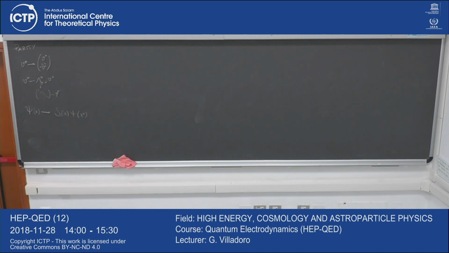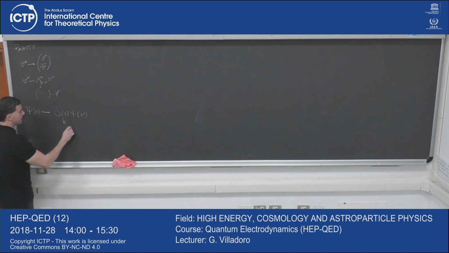And what about S, the representation of the parity transformation for spinor fields? This S is basically represented by the matrix gamma naught.